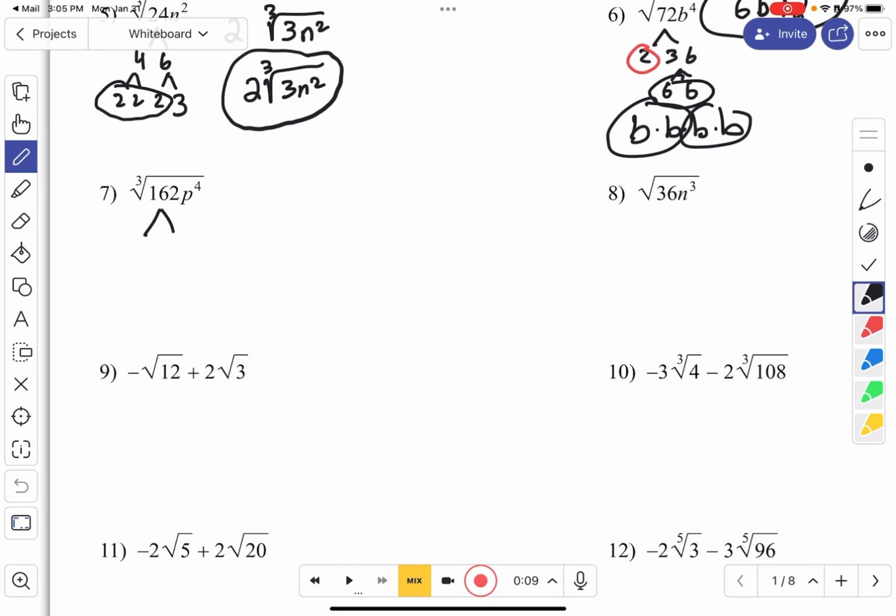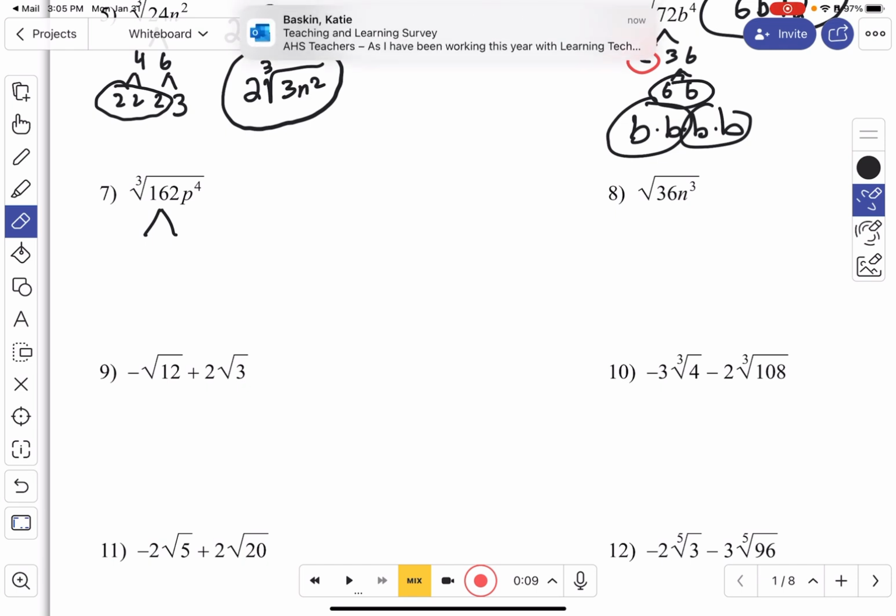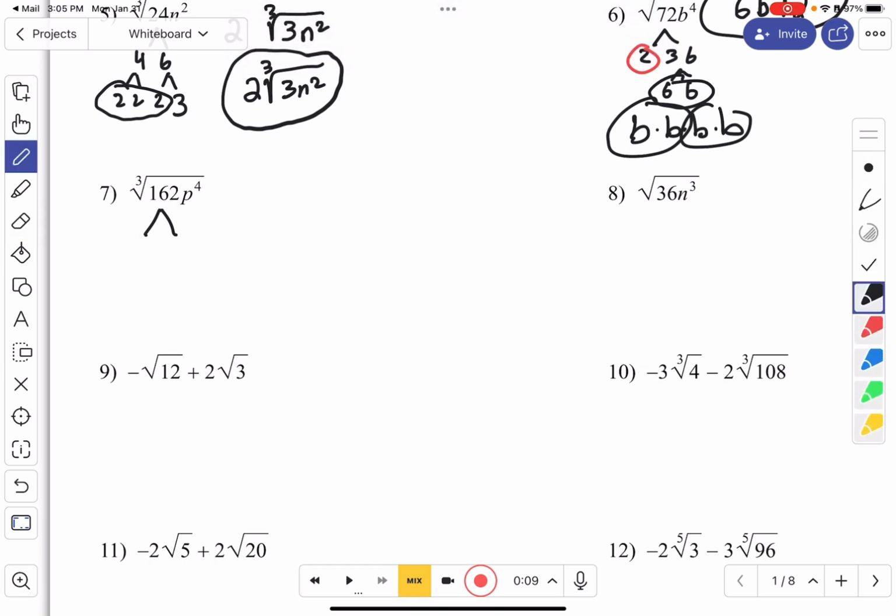So number 7. We've got the cubed root of 162p to the 4th. So 162, get out a calculator for that maybe. 162 divided by 6 works. So 27 and 6. 27 is 9 times 3. 9 is 3 times 3. 6 is 2 times 3.